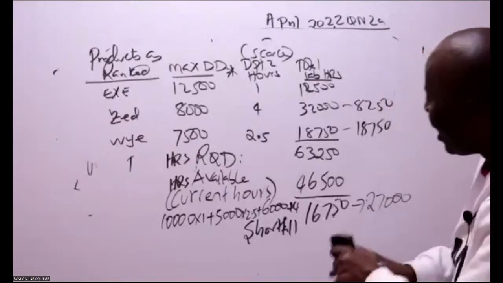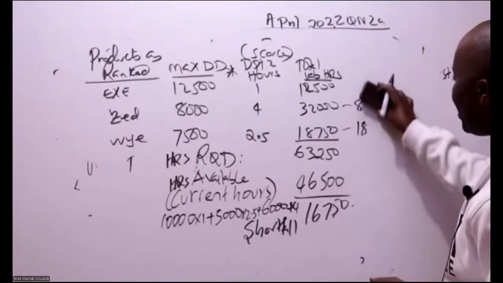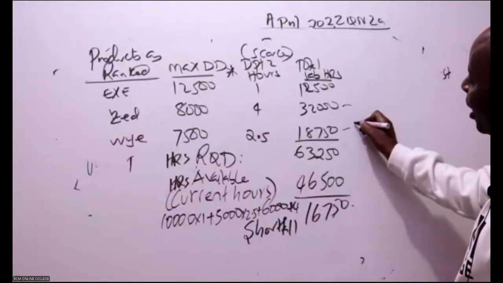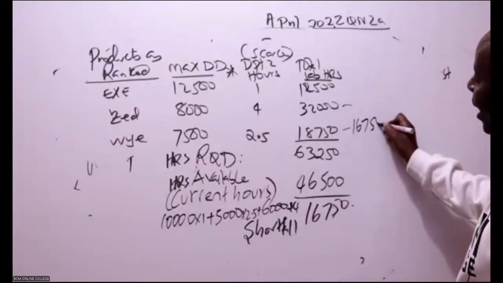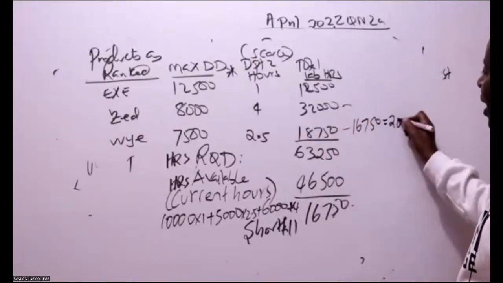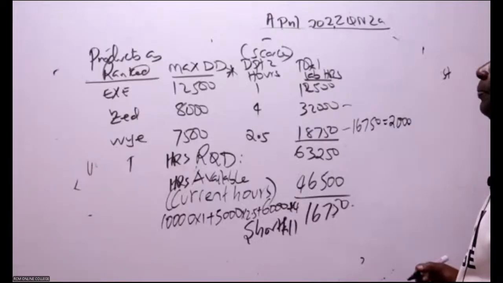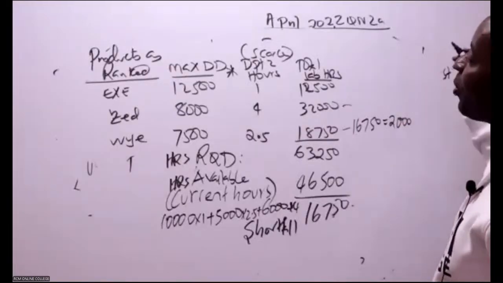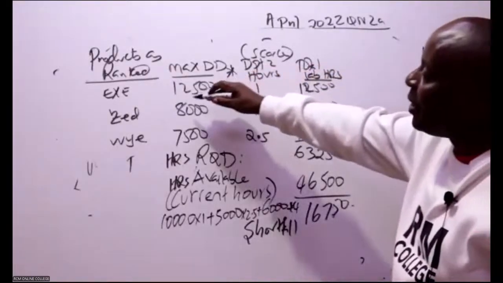Fortunately, here we have a shortfall of 16,750, and all of it can be covered by the last ranked product. And actually, I'll be able to have some, like that, 2,000. So it means that for X, I will produce the maximum demand.